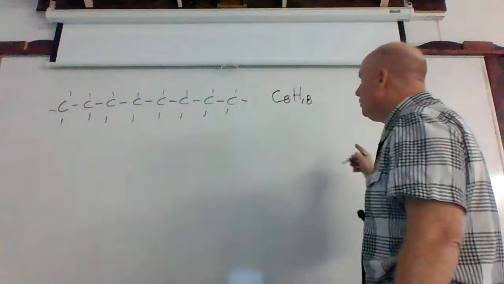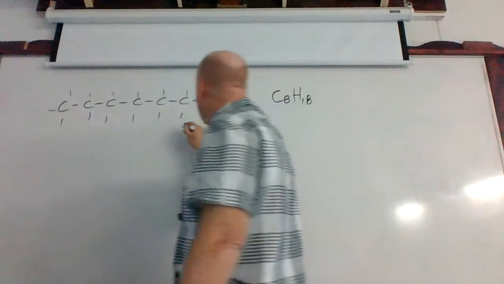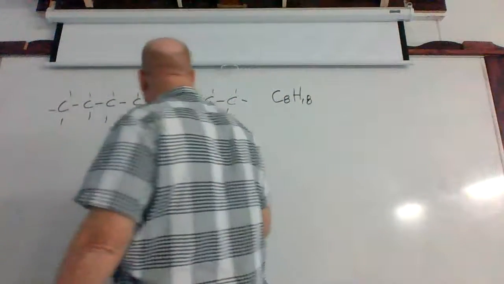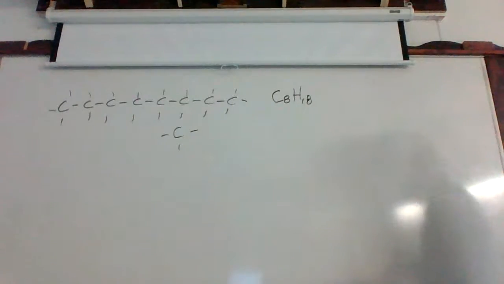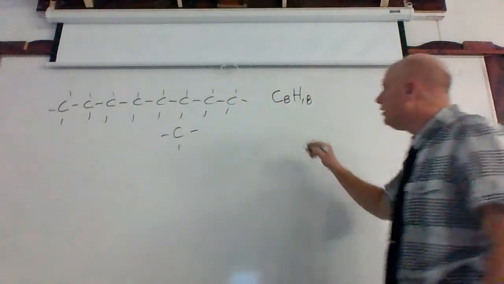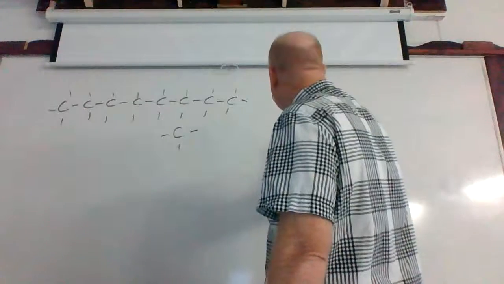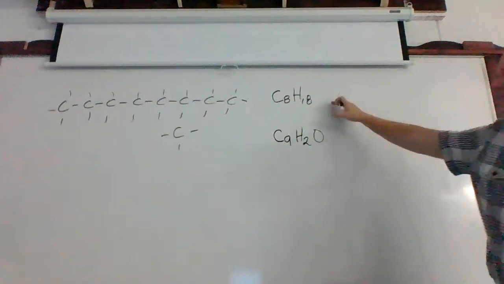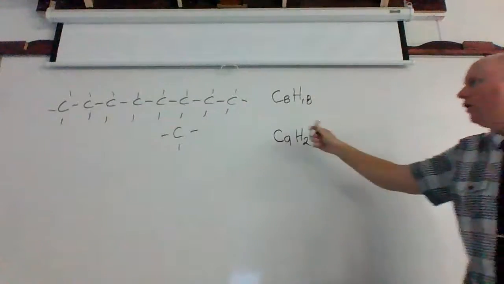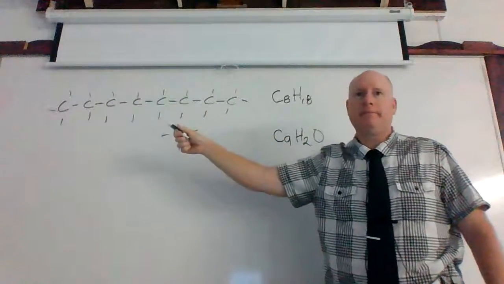So when you put this, yeah, that's still octane, I get that, but now you've got 3-methyloctane. So that can't be an isomer, even though your parent chain is still octane.